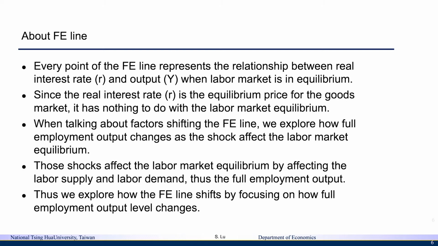Thus, when we want to explore how the full employment line shifts, we need to focus on how the labor market equilibrium changes, and how that affects the full employment output, and then we will know how the full employment line shifts when the economy faces shocks.